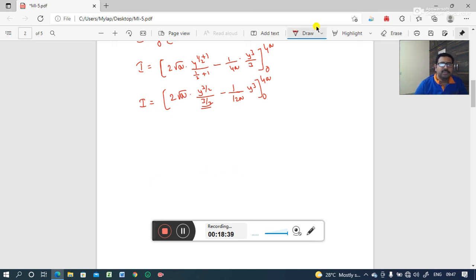so if you rewrite this expression, I equals 2 into square root of a, and in place of y, the denominator gives 2 by 3, in place of y power 3 by 2 you are writing 4a power 3 by 2, for the lower limit 0, minus 1 by 12a into, in place of y cube you are writing 4a power 3, for the lower limit it is 0.